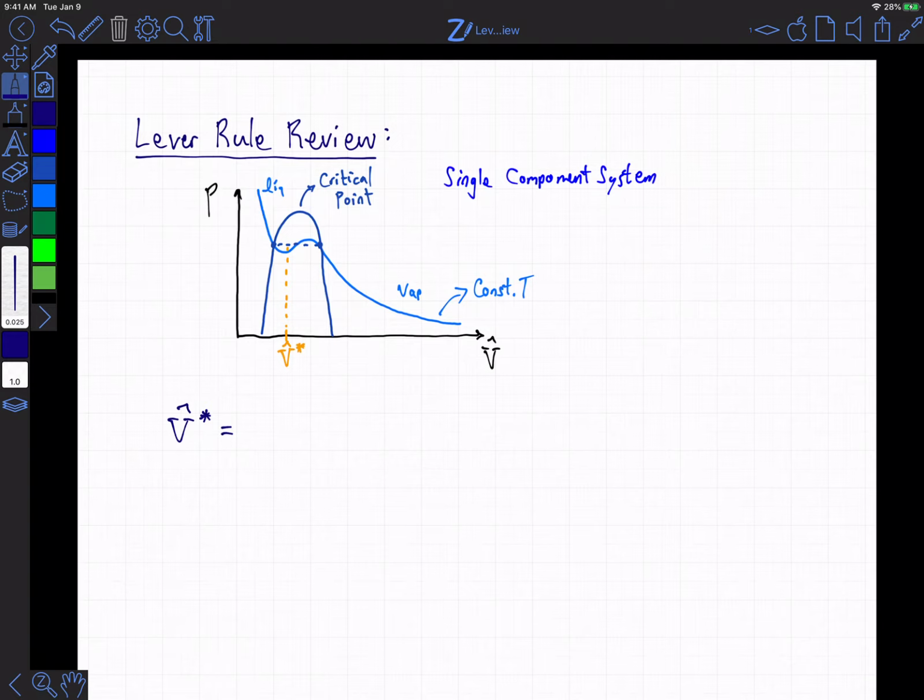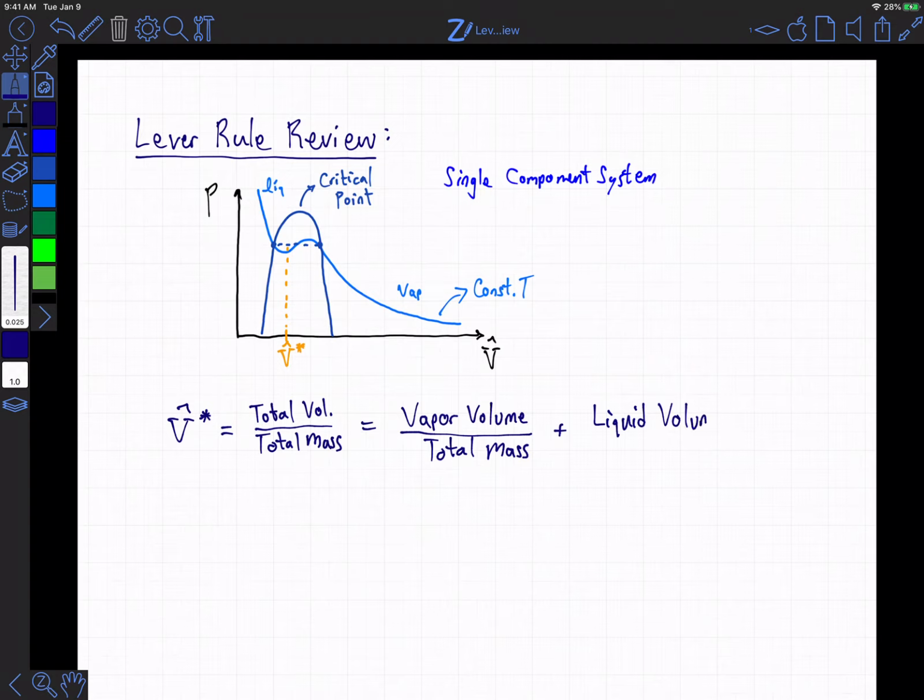And so V star is simply the total volume per total mass in our overall system. And this, of course, then is going to be equal to the vapor volume per total mass plus the liquid volume per total mass.